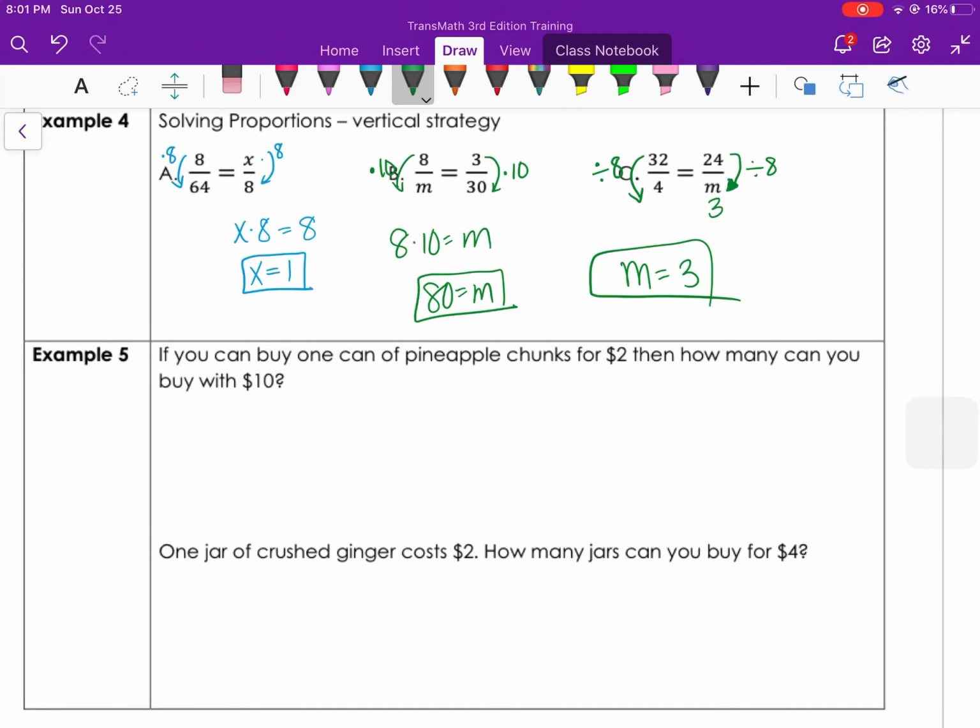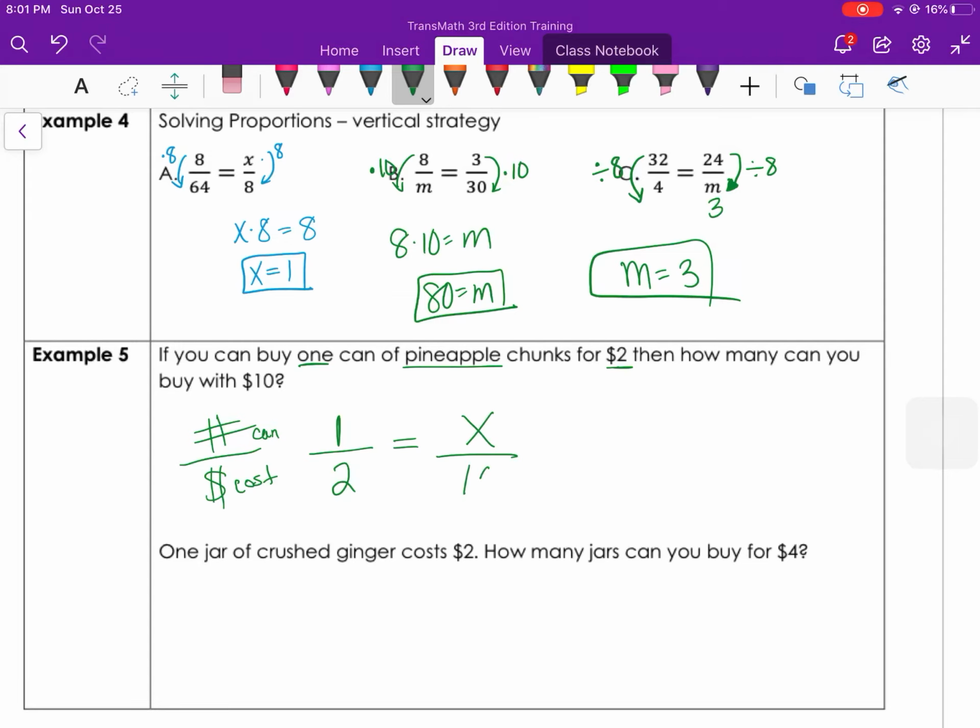Couple last examples. If you can buy 1 can of pineapple chunks for $2, how many can you buy with $10? So we can buy pineapple chunks for $2. So it is comparing the number to the cost. So we can buy 1 can, number of cans, to the total cost, 1 can for $2.